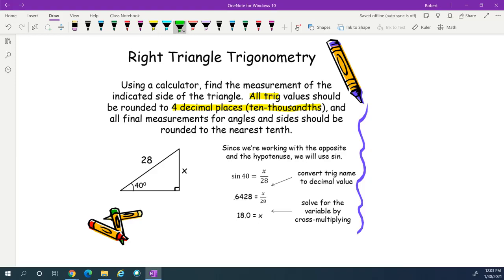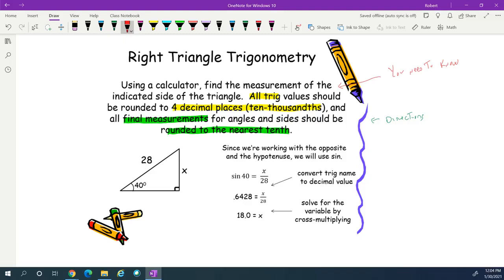Final answer, we're rounding to the 10th. This will be given in the directions. When they tell you round to the 10th or round to the 100th, they're giving you that final direction. This you need to know. And that could cause a slight difference in final answers. So we need to be careful there.